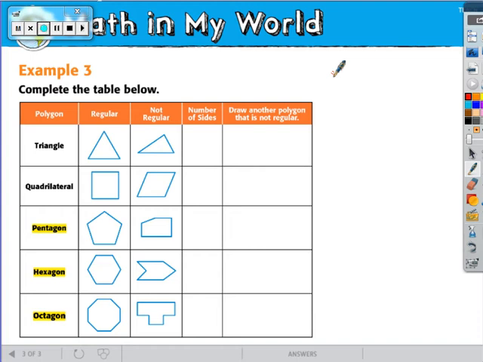You can see as we go through here, we have a triangle, a quadrilateral, a pentagon, a hexagon, and an octagon. Now, the triangle and the quadrilateral, as long as all the sides are the same, the angles will all be the same.